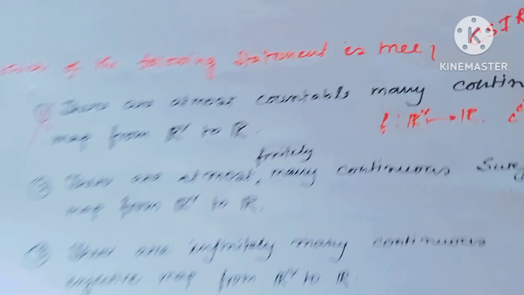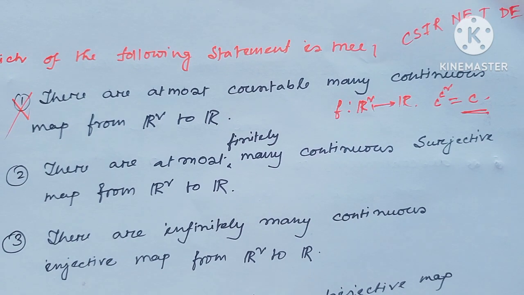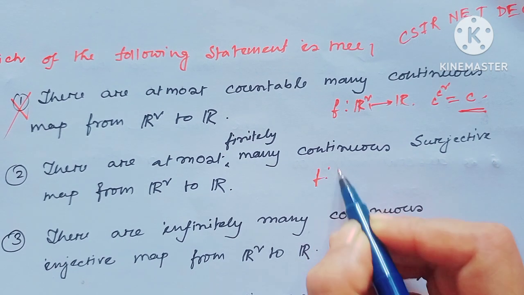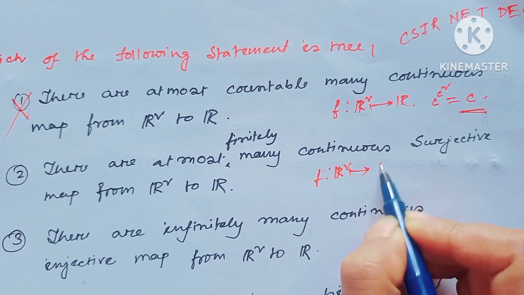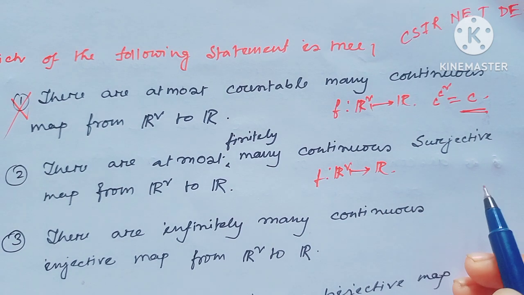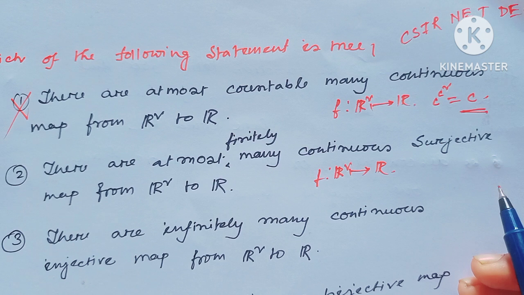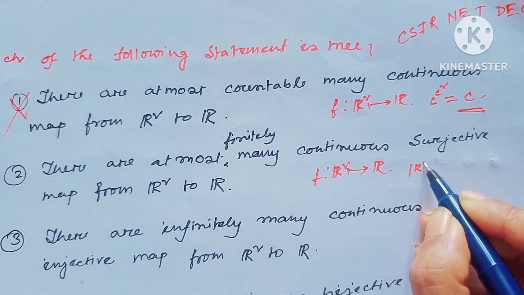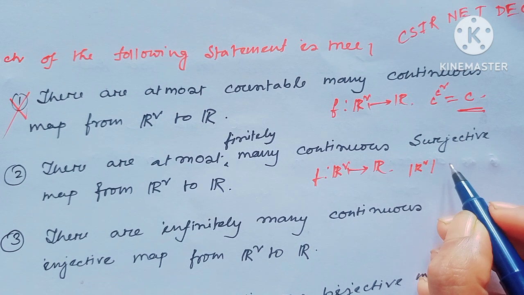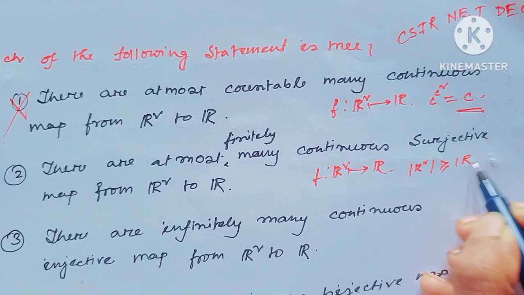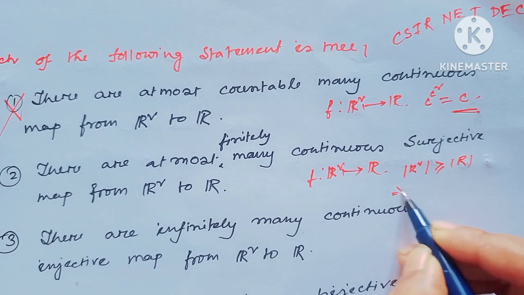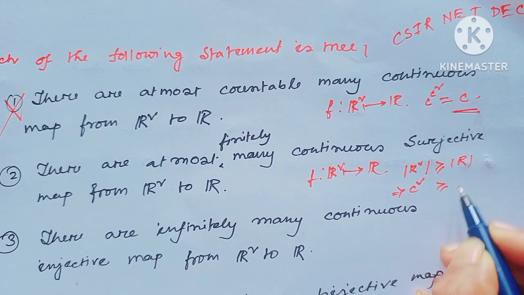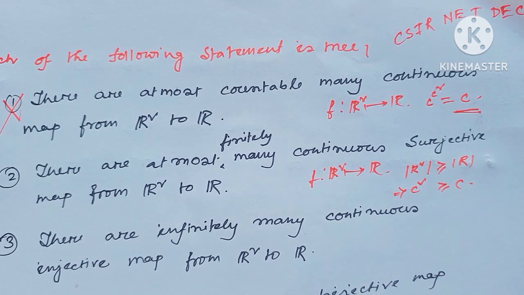Option 2: there are at most finitely many continuous surjective maps from R2 to R. Take a mapping from R2 to R. Is this mapping surjective? Obviously onto means the cardinality of R2 would be greater than or equal to the cardinality of R, because this cardinality is C square and this cardinality is C. Cardinality being greater means it can always be possible to have an onto function.